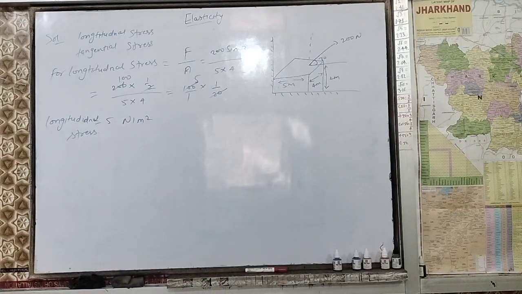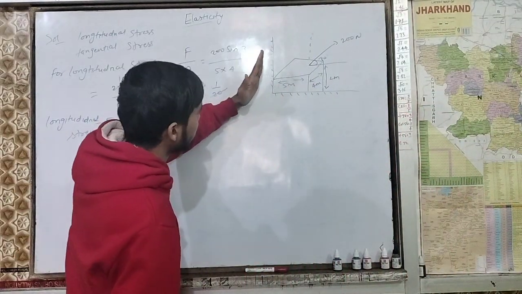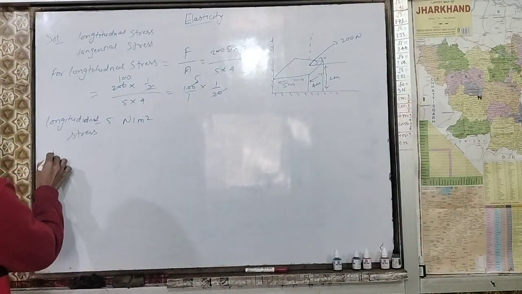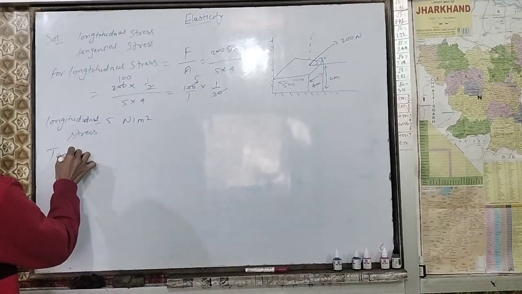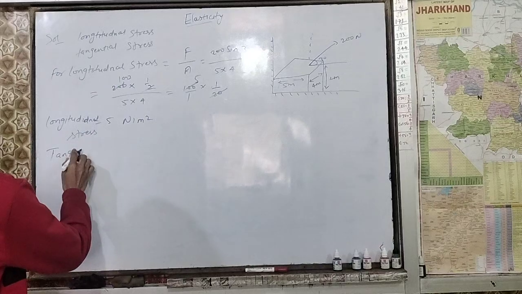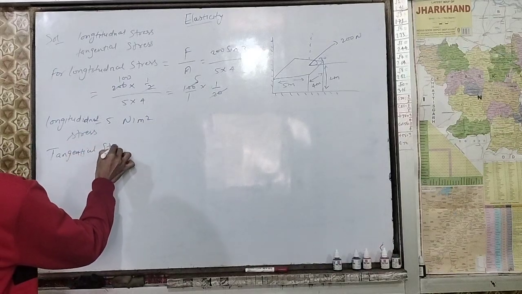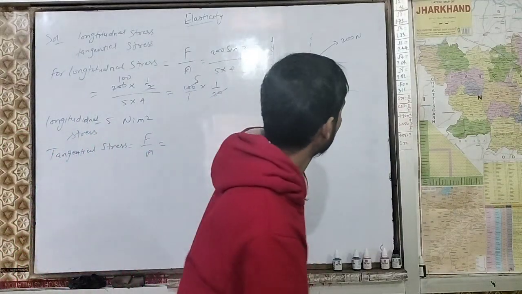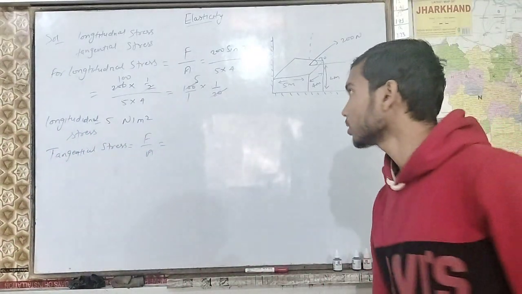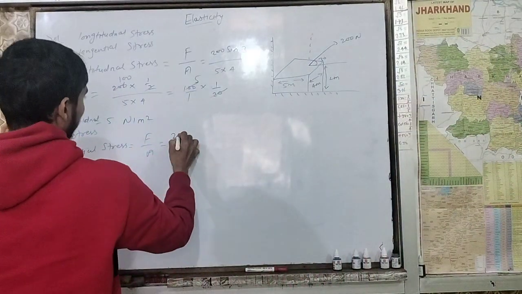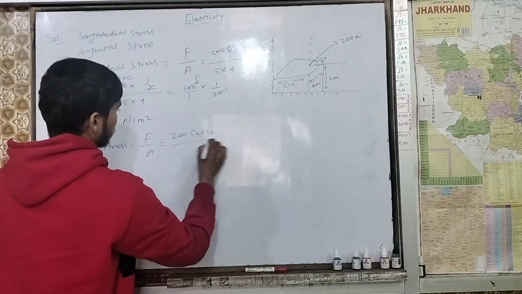It was about longitudinal, but what about tangential stress? You know, tangential stress is nothing but like this. Like this force is applied. So tangential stress is equal to F upon A. Take this force which is horizontal. So horizontal would be 200 cos 30 upon area.